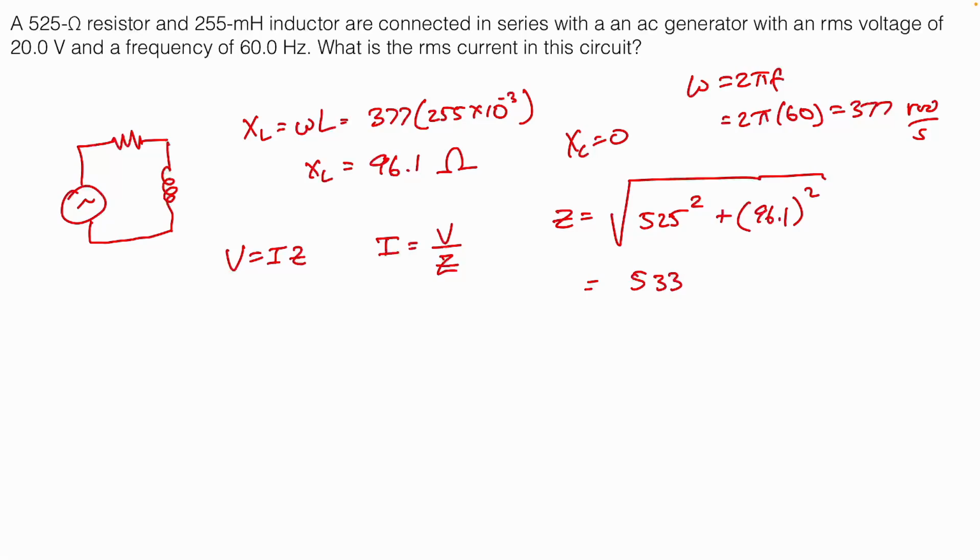May not have to change the app. I've got to remind myself to not throw my phone. It's the app on the phone that's at fault. It's not the phone. If it were a calculator, I'd be throwing the calculator. Just saying. All right, 533 ohms. Oh, that's not the answer.